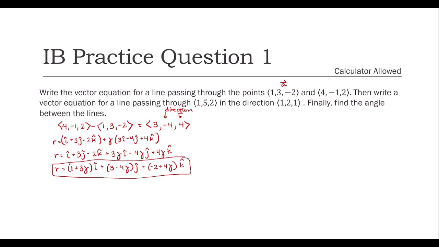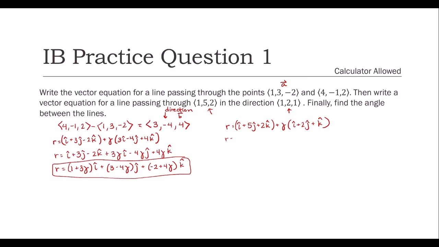Your second line gives us the point and the direction. So we'll have r equals our point, i plus 5j plus 2k, plus gamma times (i plus 2j plus k).